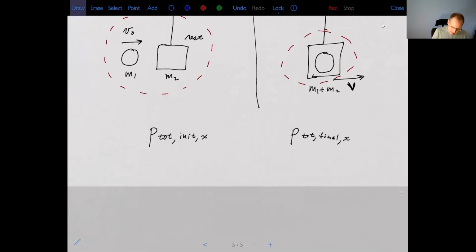Well, initially, it's going to be the momentum of the ball, which is m1 times v naught. Right now, I'm not even using vectors because I'm just talking about the x direction. It's positive v naught. And then plus the momentum of the pendulum, which is mv, but now the m is m2 and the velocity is 0. It's at rest. And that should equal, remember, this should be conserved, the total momentum in the x direction after the collision. Well, now the mass is m1 plus m2 times capital V, because they're moving together with that same velocity, capital V.